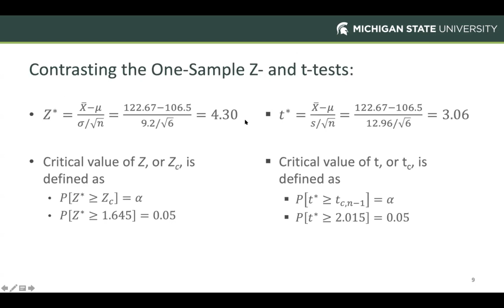All right, and so as we look at a comparison between the one sample Z and t-tests, the calculations from our last few lectures are identical. The only difference here just relates to our population versus sample standard deviation. So it was 9.2 in the prior case, 12.96 when we use the post-helmet law data.